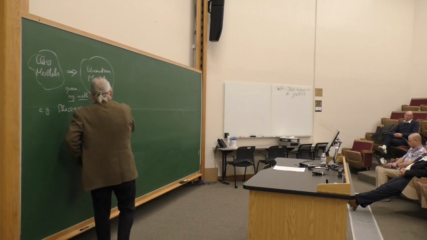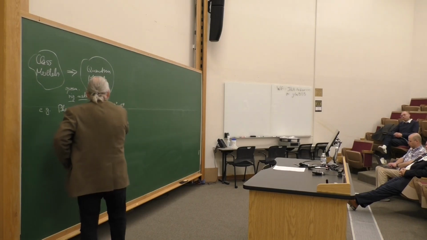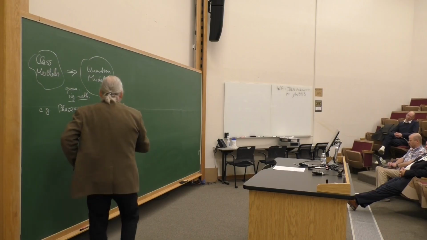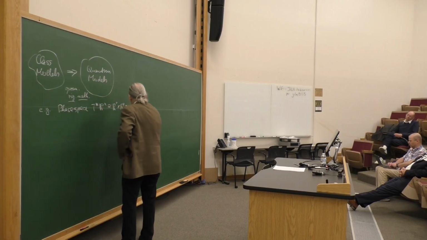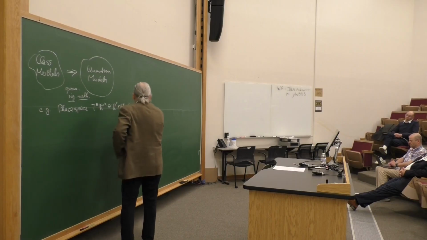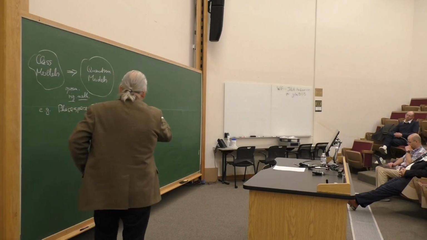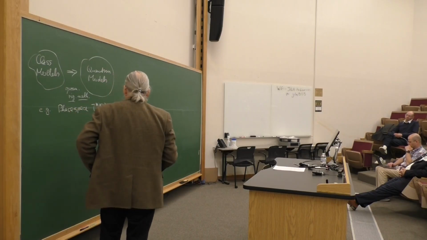R^n is the configuration space, and you have momenta also. You can say this is the position coordinate, this is the momentum coordinate. In one coordinate or n coordinates, you can see it as a vector.